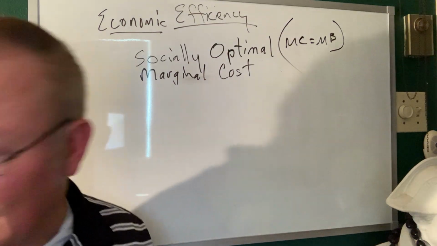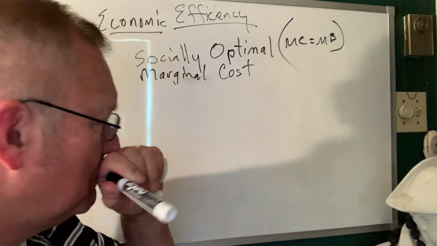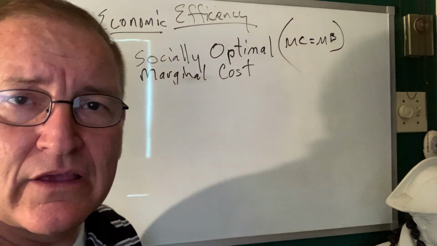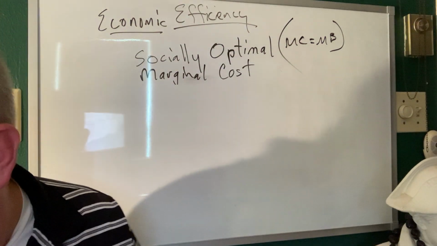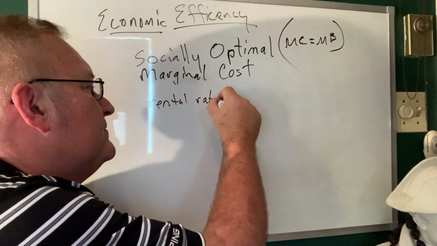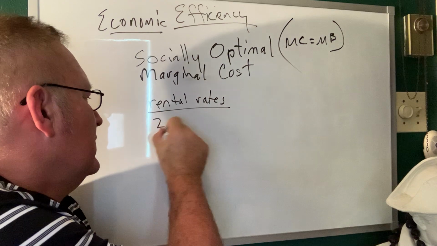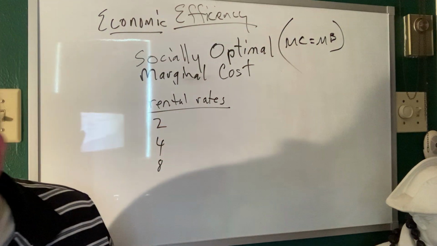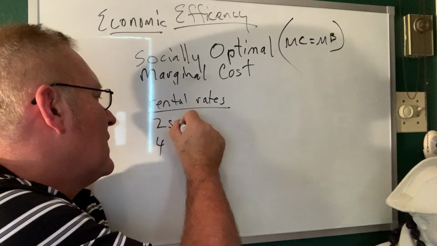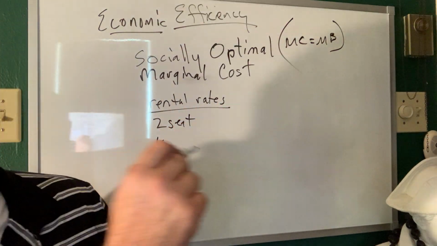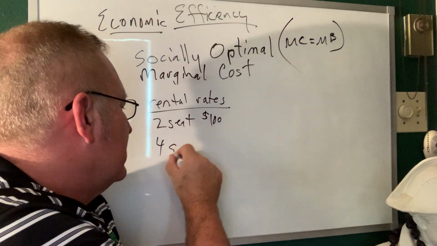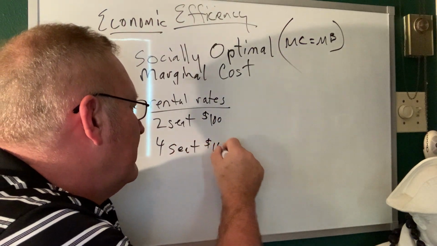The best way I can explain it is, let's say you rent a car every week to drive to school, and the rental rates for cars are, well, we'll keep it simple. For a 2-seater, it's $100 a week. Let's say for a 4-seater car, it's $150.